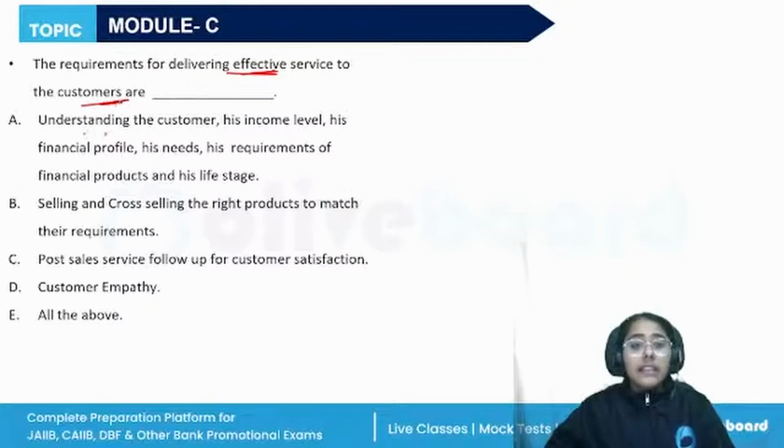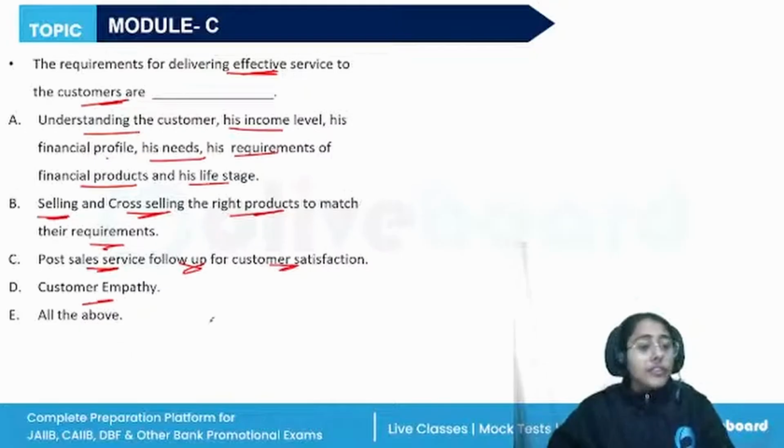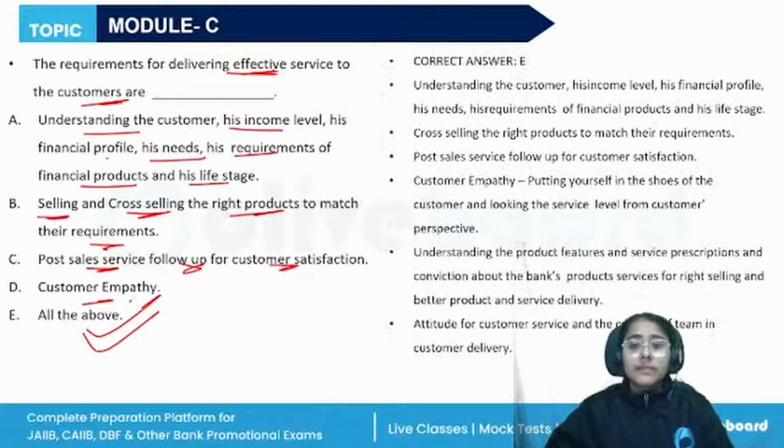They should understand the customer, their income level, financial profile, needs and requirements of the financial products and the life stage. They should also sell and cross sell the right products to match the requirements. Post sale follow up for the customer satisfaction, and customer empathy should also be there. So the correct answer will be E. All of the above are the requirements.